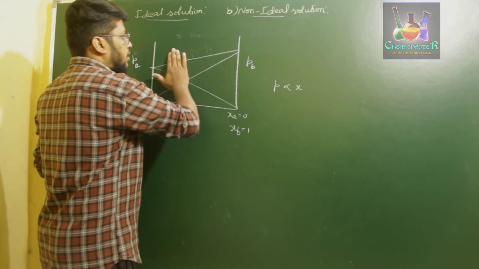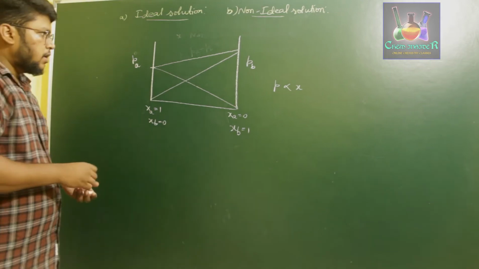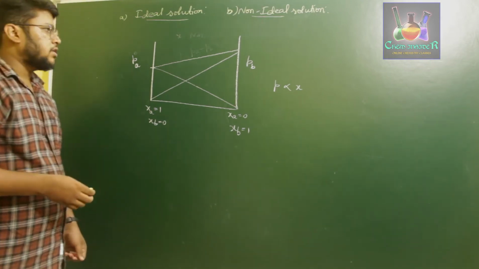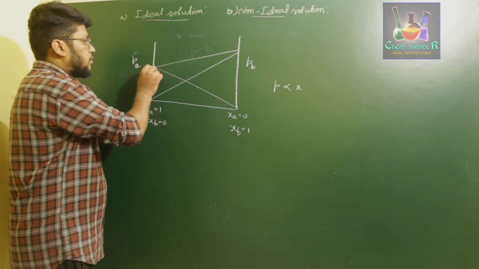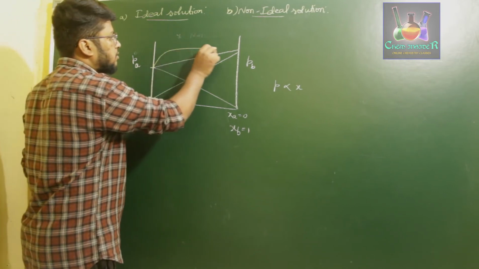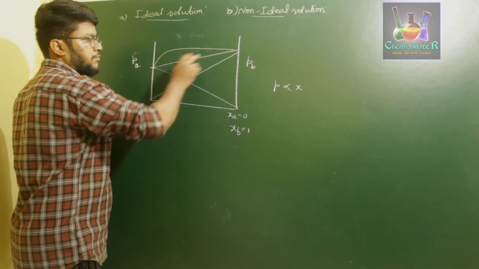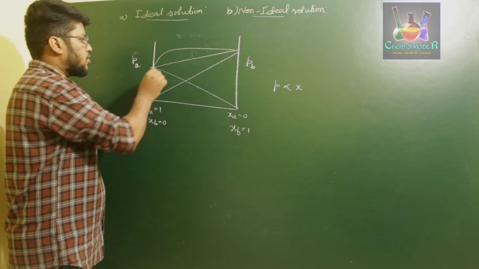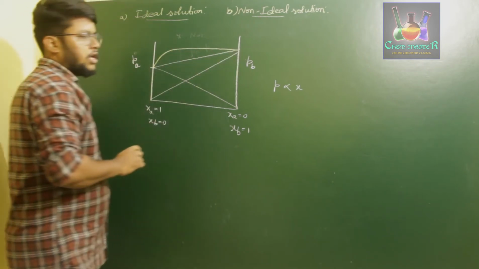So now, what is a positive deviation and what is a negative deviation? If you consider a positive deviation, that means the vapor pressure curve for the liquid solution will have a variation which is more than that of the ideal value.